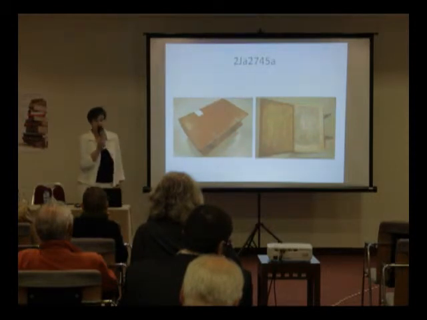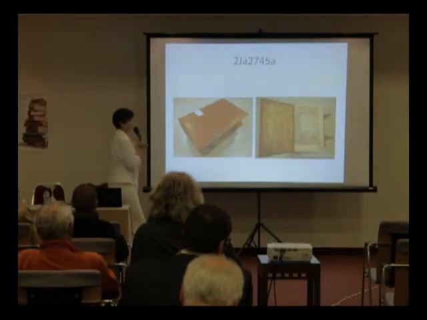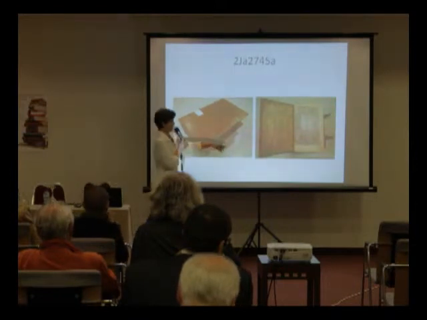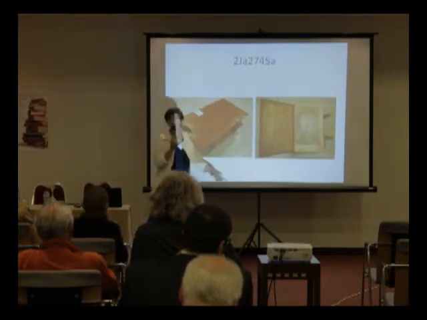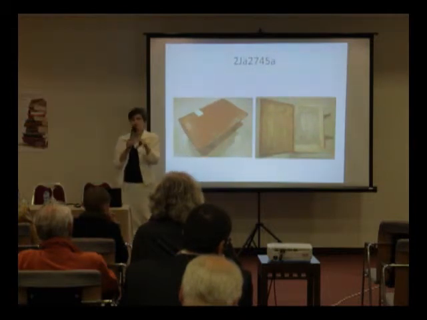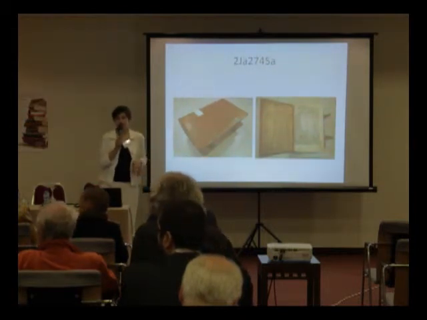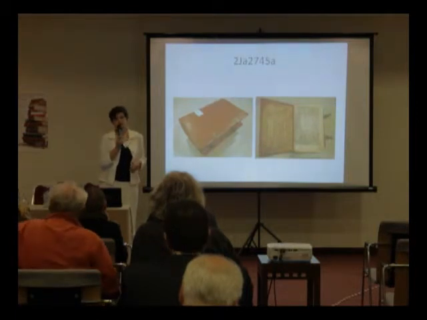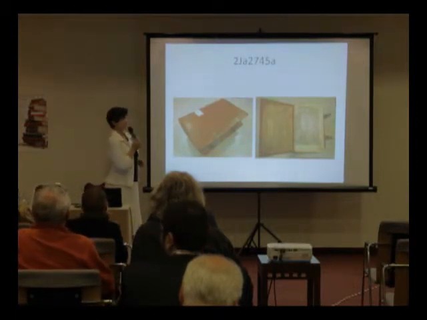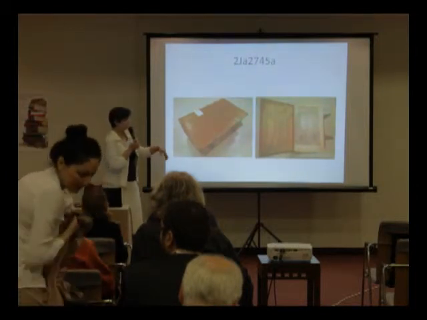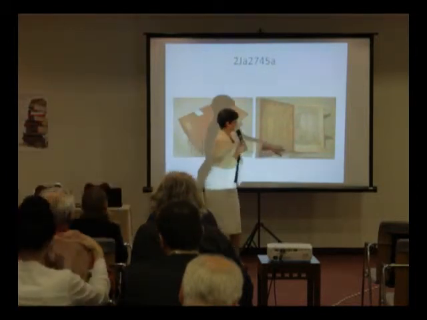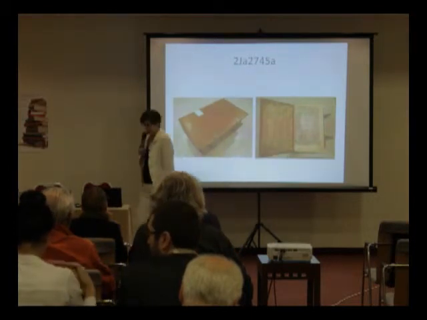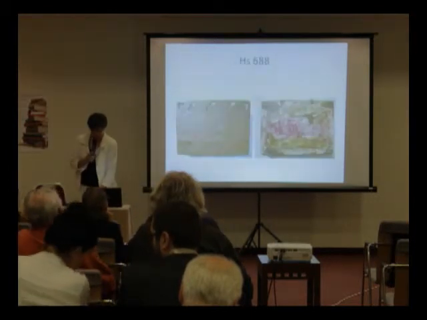And what they did was they tried to keep the original binding, but what they actually did, they made a new binding and put the front cover, they cut it a bit, and put it as a mirror, which has several disadvantages. Not only that it doesn't look very nice to my mind, but also, of course, it draws attention to the fault here, because it's quite thick skin leather.